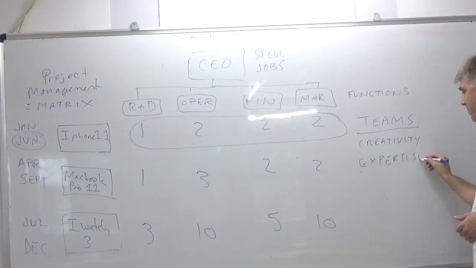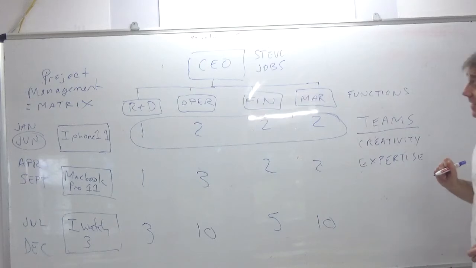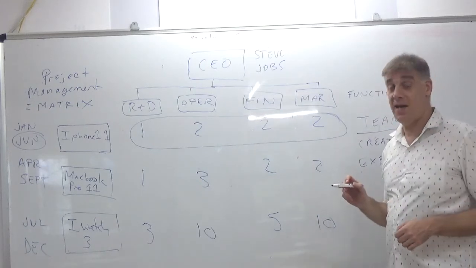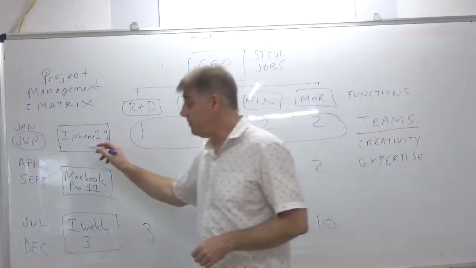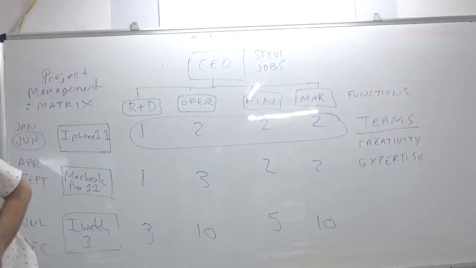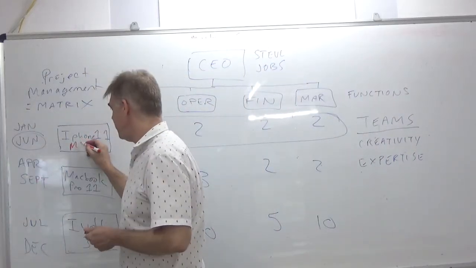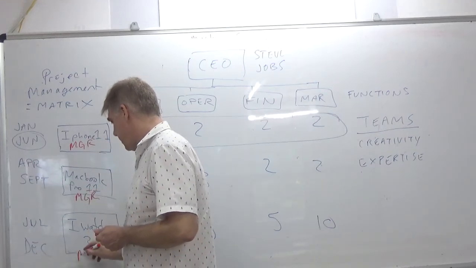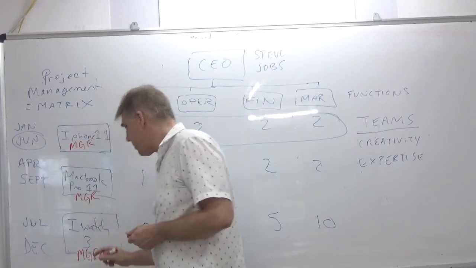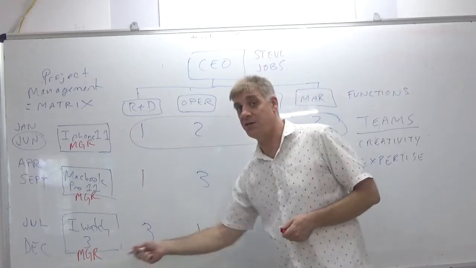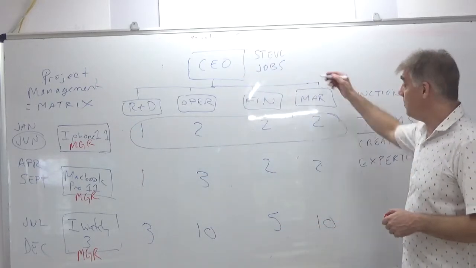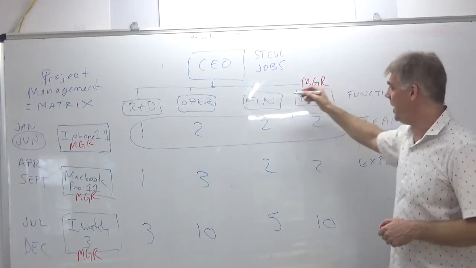Now, one thing that happens in the matrix structure that can create some issues is that there are two levels of management. Each one of these has a project manager, someone who's responsible for managing those projects all the way to completion. Each one of these departments has a manager.